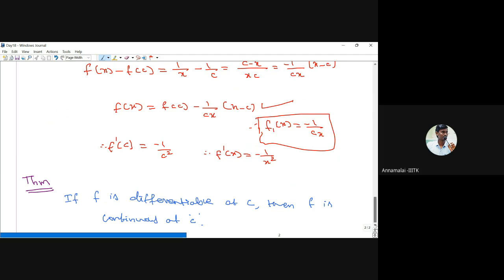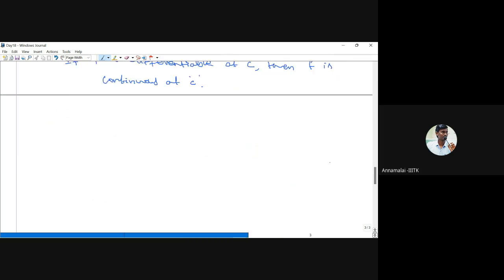So what is the proof of this? Given that f is differentiable at c, therefore by the theorem, f of x can be written as f of c plus f1 of x into x minus c.